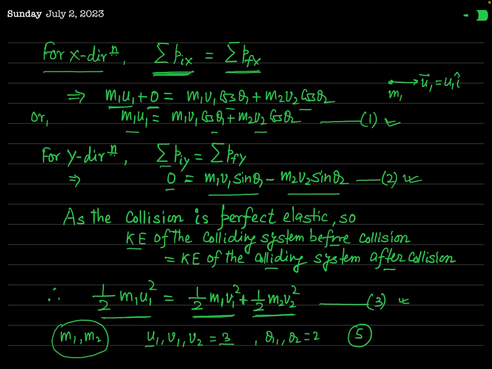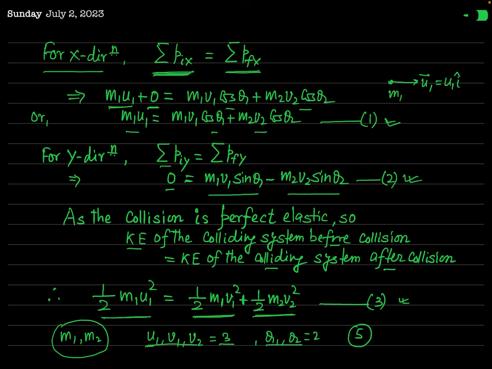If we know all 3 velocities, we can easily find theta 1 and theta 2. If you know v1, v2 and theta 1, then you can find u1 and theta 2.